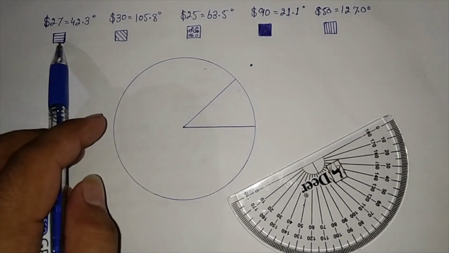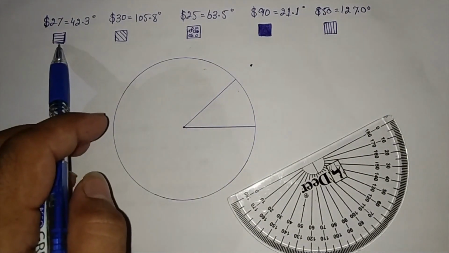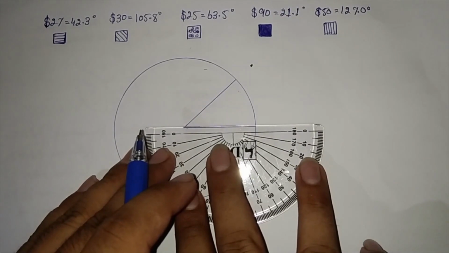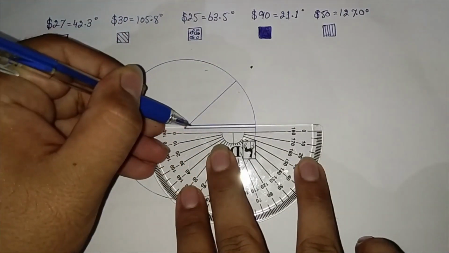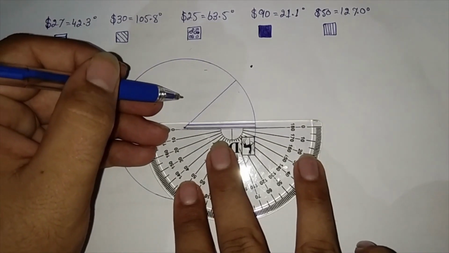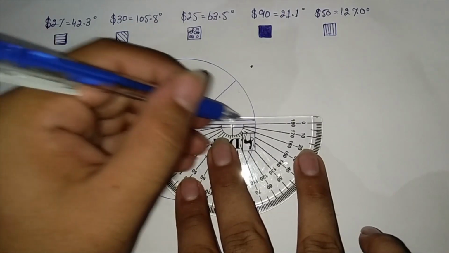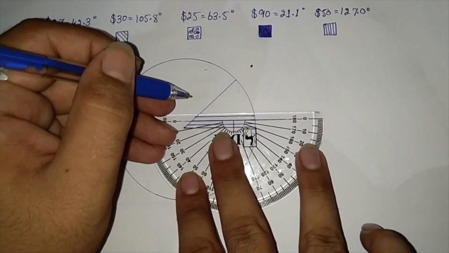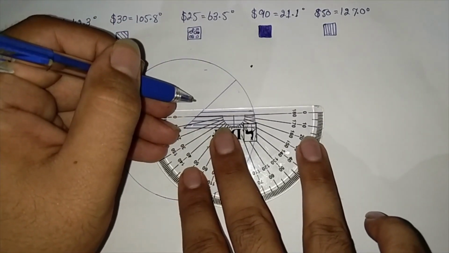I have marked this slice by this lining, to represent that this sector is representing our category of $27. I hope you are clear.